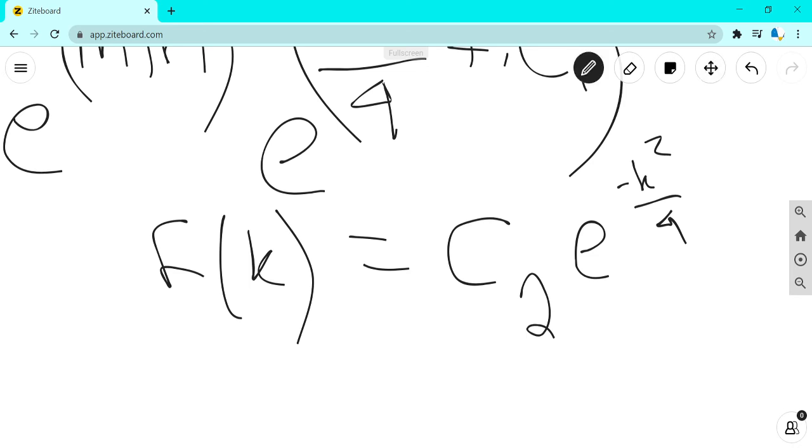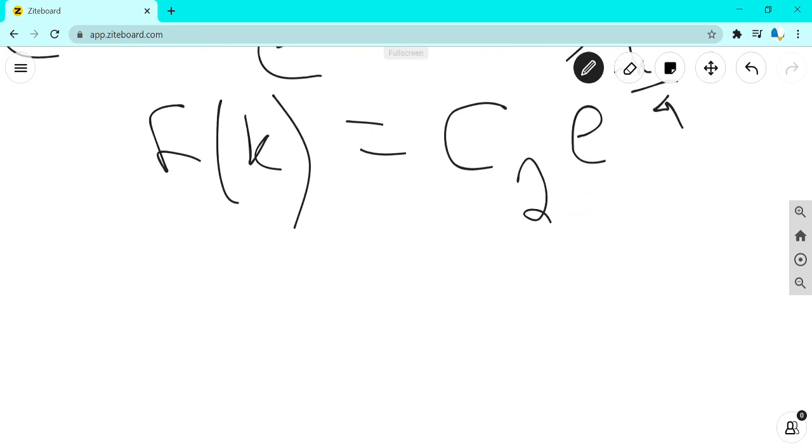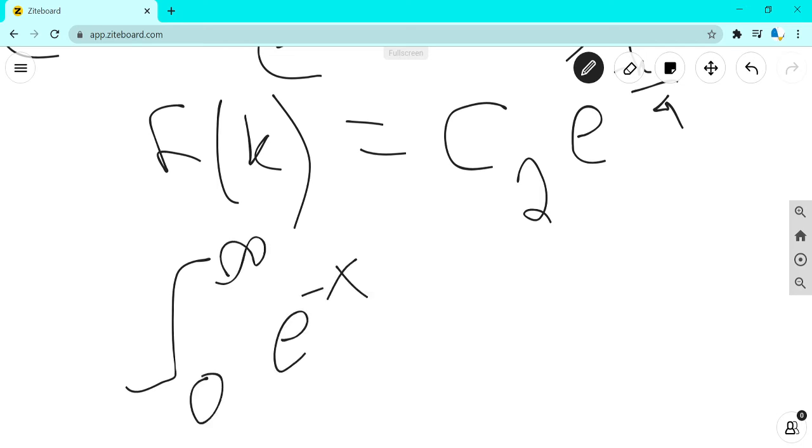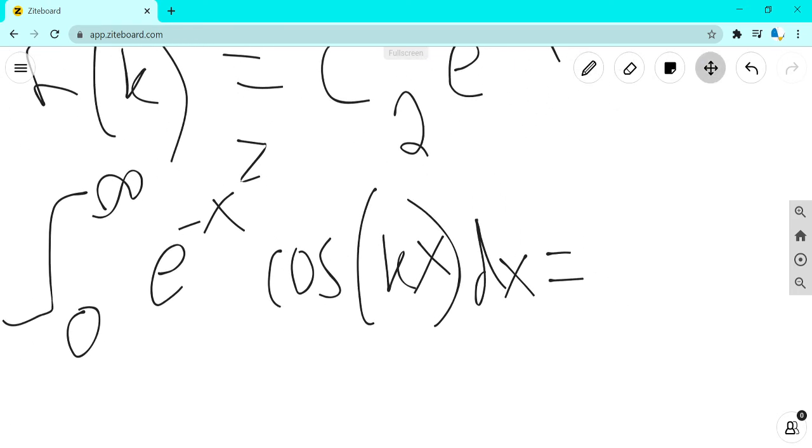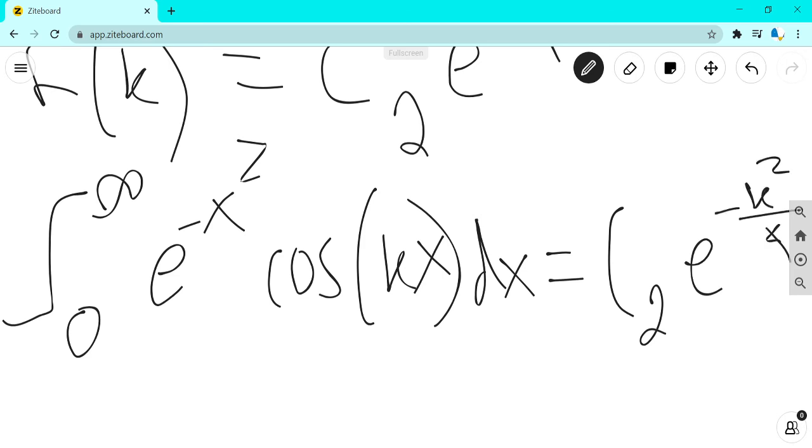So basically this is what we're saying. We can plug back in our original integral, the integral of e to the negative x squared cos of kx dx, which is equal to c2 times e to the negative k squared over 4.